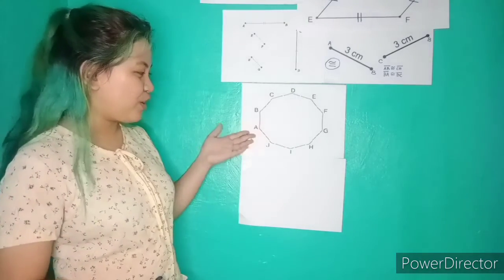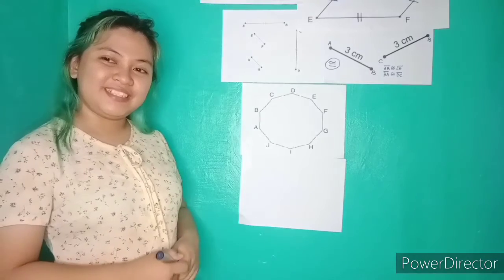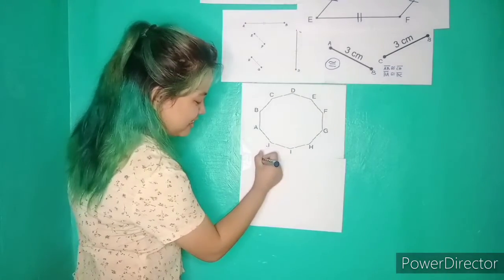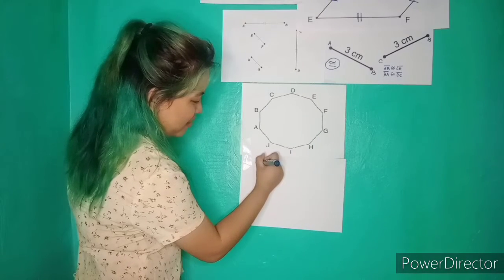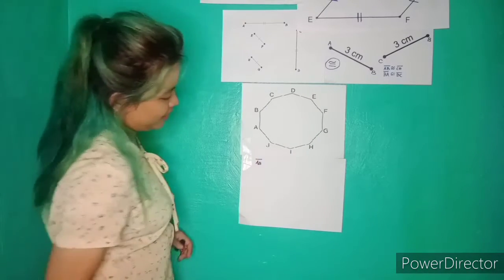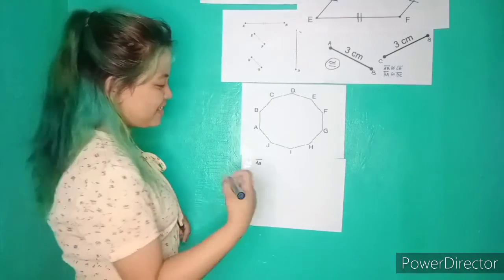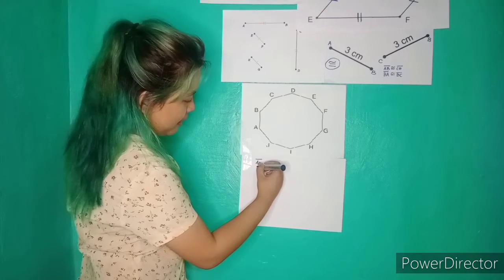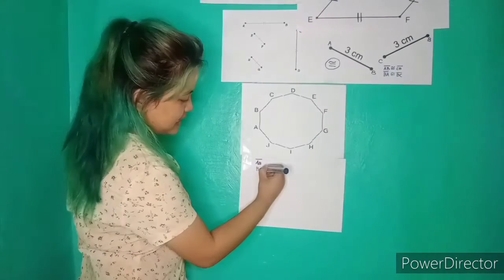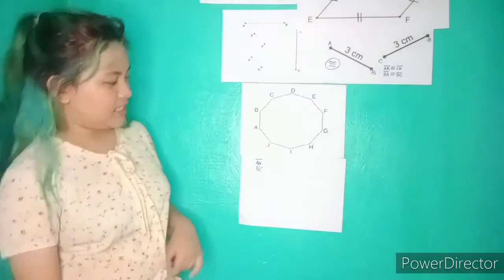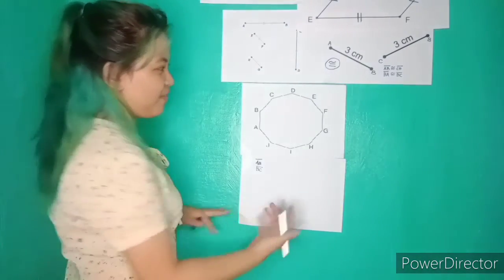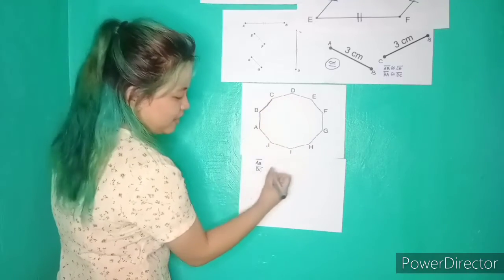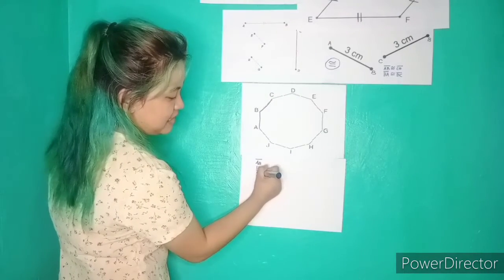Okay, let's start with letter A here. Yes, we have here line segment AB. Another. Yes, also we have another line segment BC. Another line segment. So we have here CD.